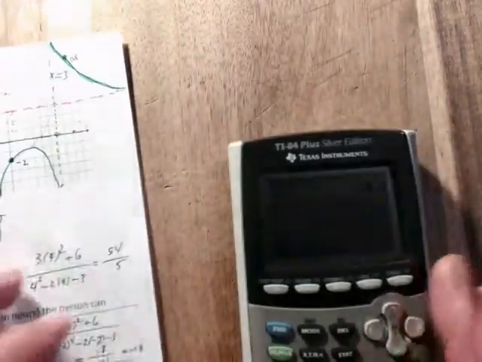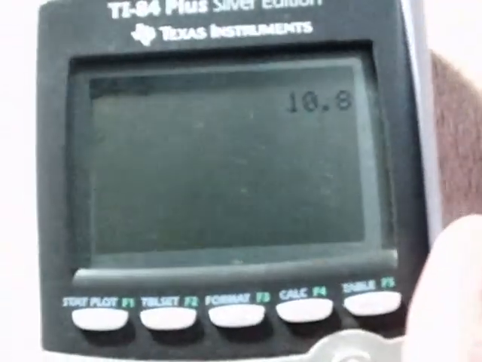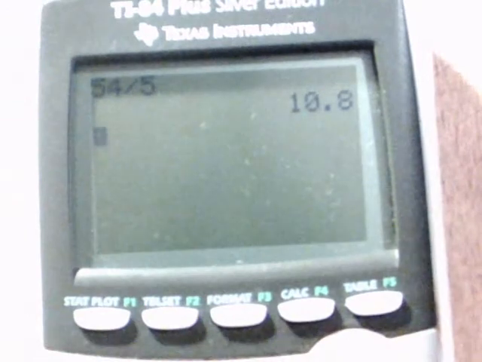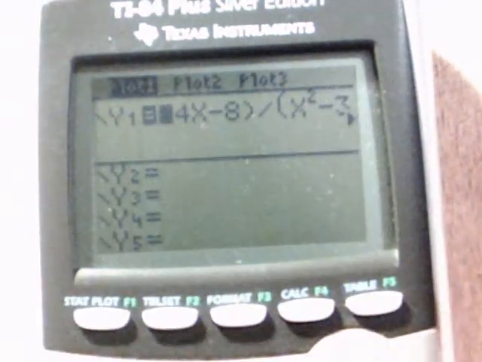So let me type it in first. Let's see. Kind of rush through it. It's not a big deal. I just want you to get some idea and be able to actually graph it on your graphing calculator.